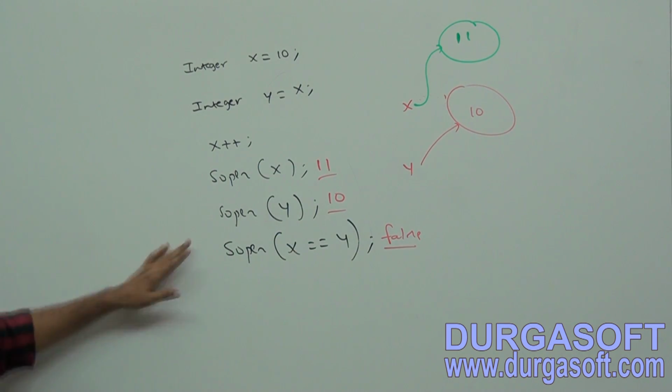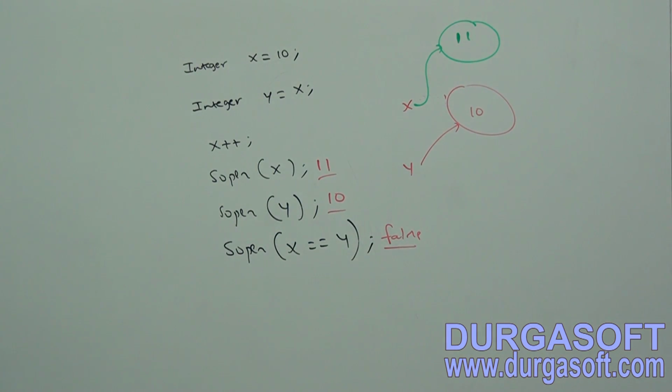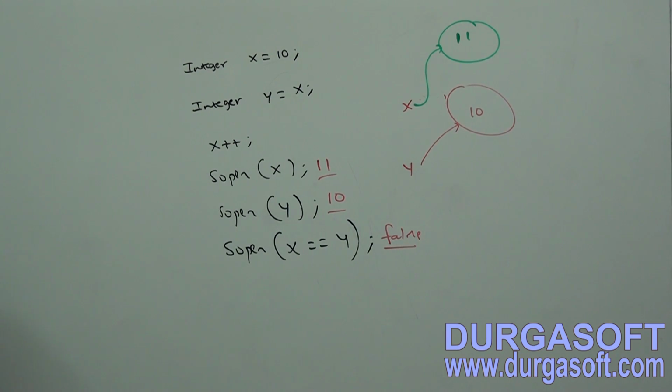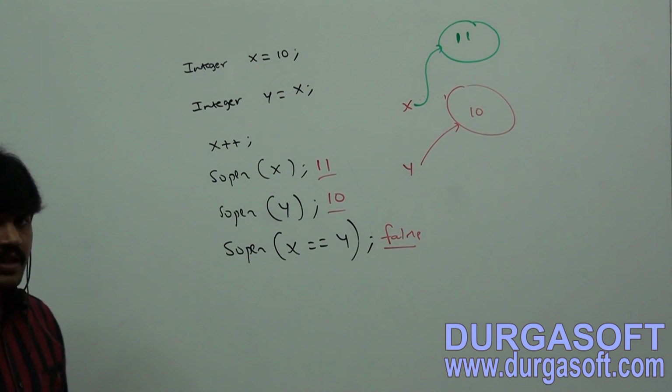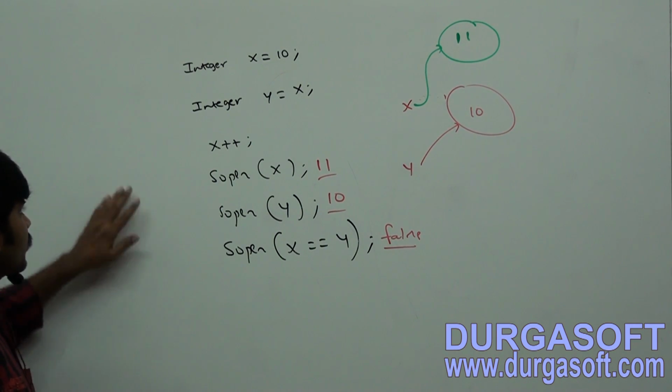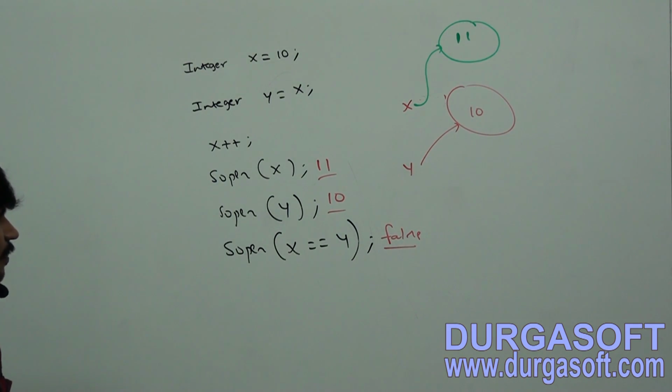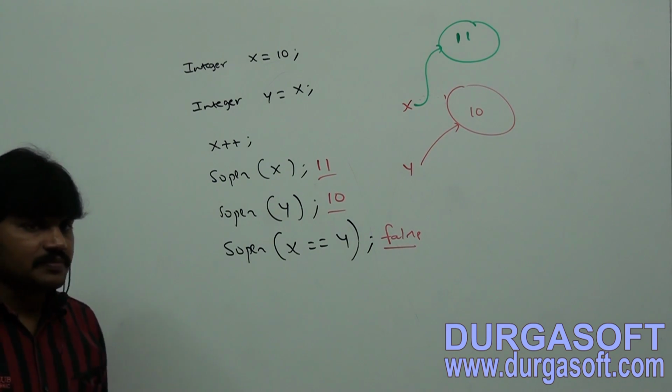Take this example first. Example 3. Integer x is equal to 10. Integer y is equal to x. x plus plus. SOP of x, 11. SOP of y, 10.